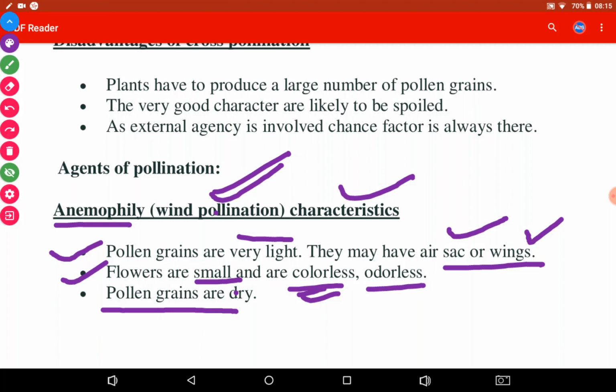They should be non-sticky, because if they are sticky, they can be attached to any other substratum, any other barrier present in between two flowers. Finally, we can say the pollen grains should be dry and non-sticky.